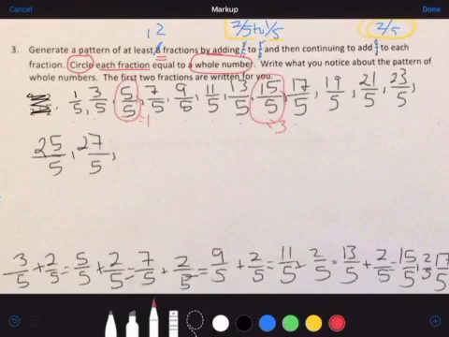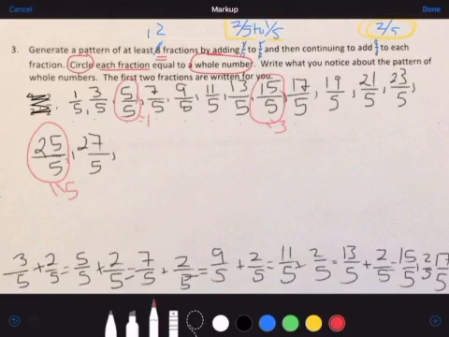No. 23/5? No. 25/5? Yes. And 25/5 is equal to 5. 27/5? No. So now I've circled them all. Notice that you have to go through and really look at each one to decide if it's a whole number or not. If you could skip count by 5s to that number.